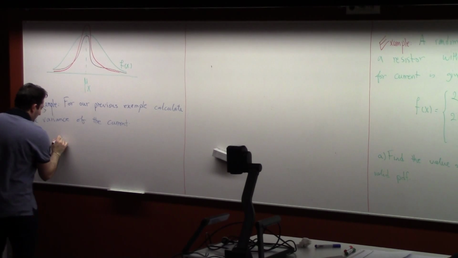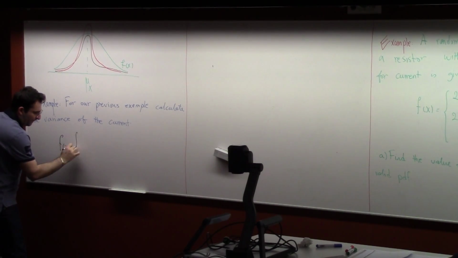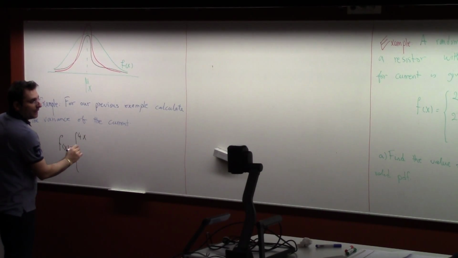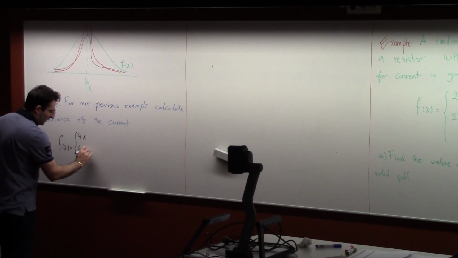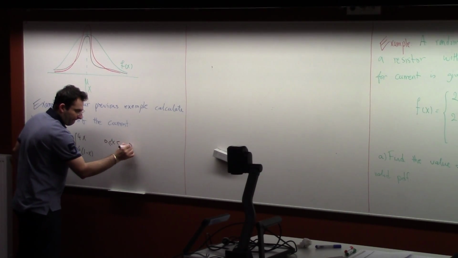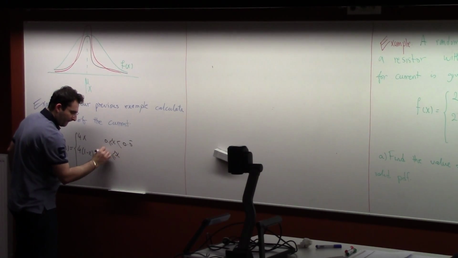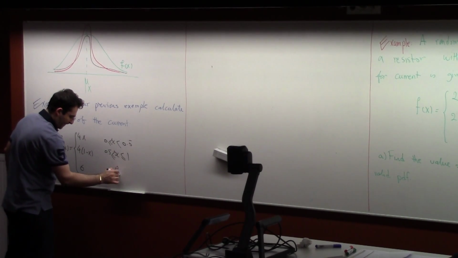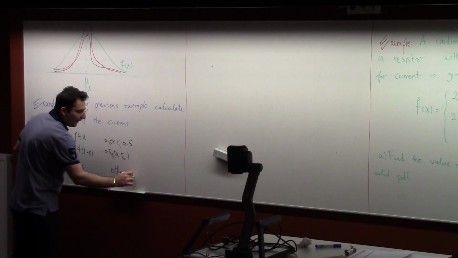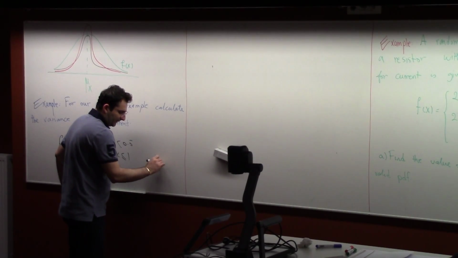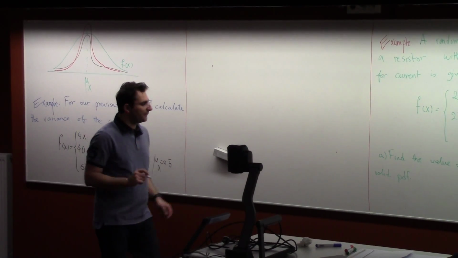So we know that f(x) is 4x, 4 multiplied by 1 minus x, and mu of x we calculated before that it's 0.5.